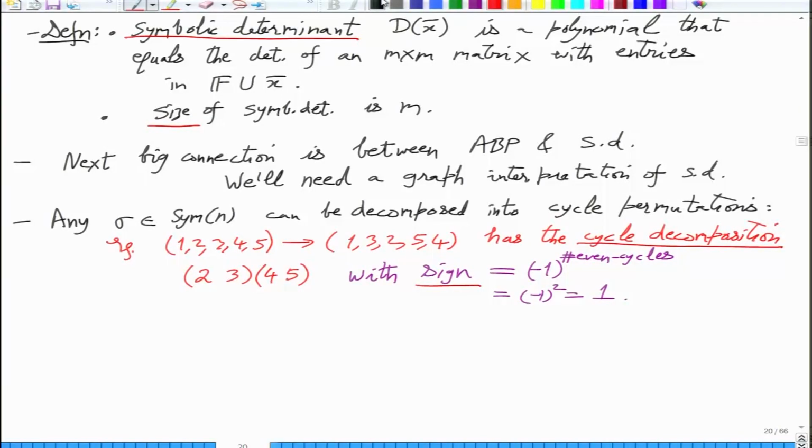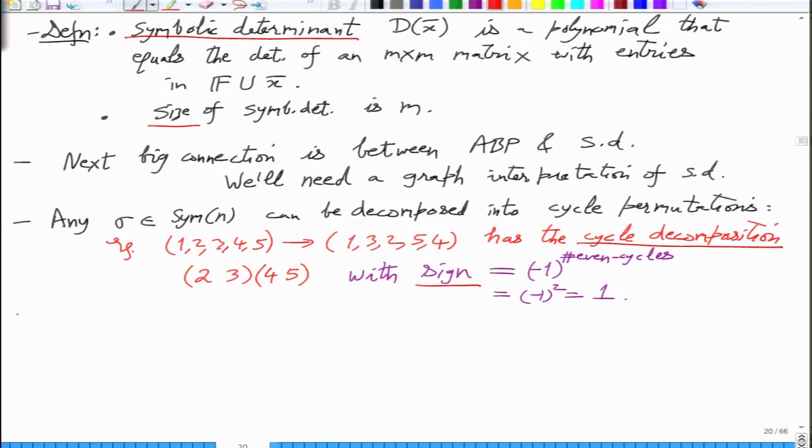So you can easily show that the cycle decomposition is unique, and then look at the number of even cycle components and the parity of that. You may have written these programs in ESC 101, for example, where you compute the number of inversions, and that is related to this. Even permutation, odd permutation has multiple definitions, but they are all equivalent to what we just did, and this will now also be the sign that appears in determinant.